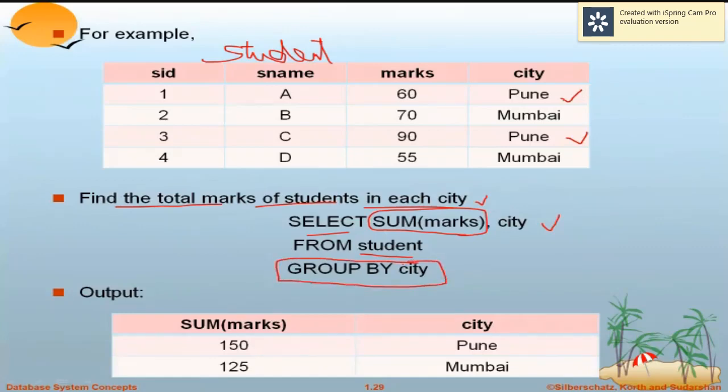That means the data of the Pune city will be summed up and the data of the Mumbai city will be summed up, and finally I have 2 records displayed and 2 columns. Why 2 columns? Because in the select command I have mentioned the sum of the marks and also the city. Only these 2 should be displayed. Therefore, my output consists of these 2 columns.